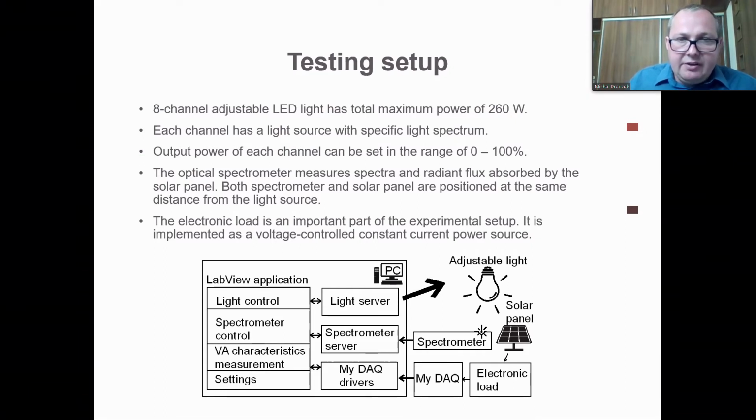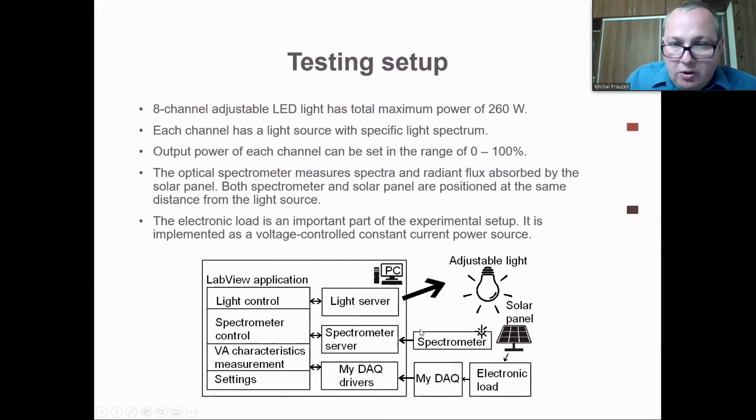And we are using the LabVIEW application. We have the light control, spectrometry control, the volt-ampere characteristic measurement, and the settings. We are connected with the light server. The light server drives the adjustable light. This is the LED grow panel.